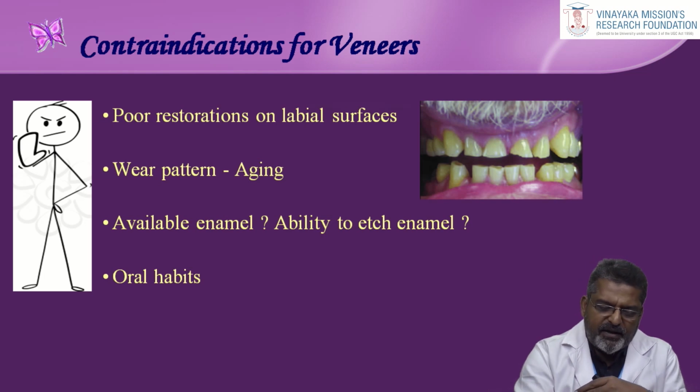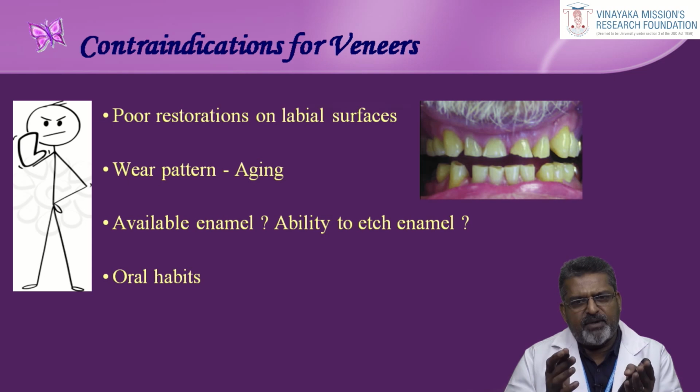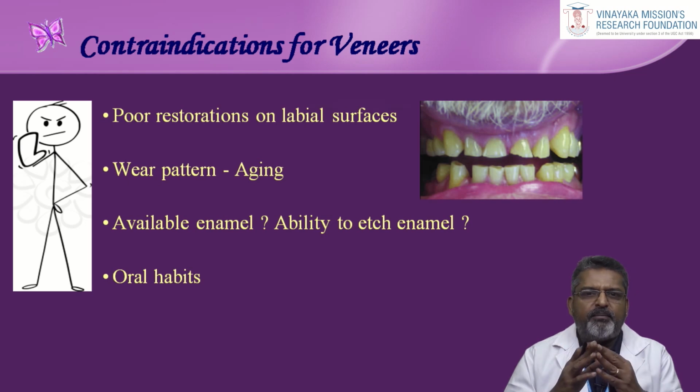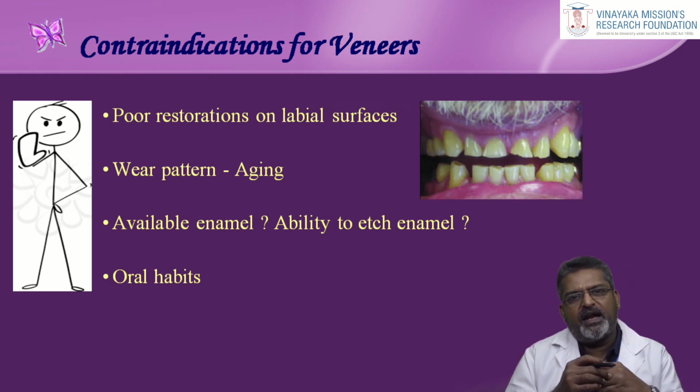Okay. Next, the same thing, availability of enamel. If it is going to be a question mark, if you think that the amount of enamel is not sufficient for doing a good bonding for your veneers, then never think of veneers. In that situation, you have multiple options for better restorations. So the questionability of enamel is how much ability the enamel can have, or the bonding between the enamel, your resin and your veneer.